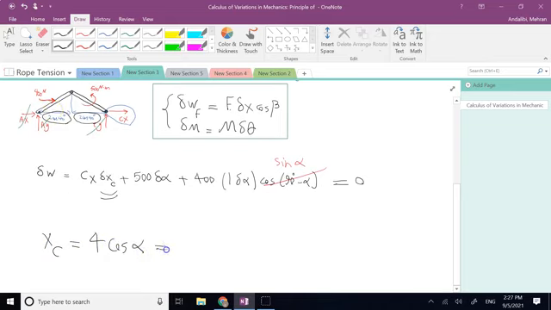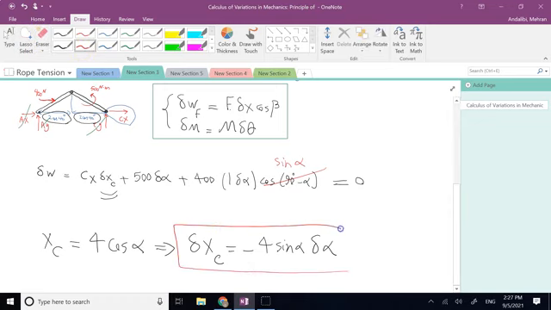And the variation of x of C is very similar to a differential: dx of C is negative 4 sine alpha d alpha. Here it's negative 4 sine alpha, but with variation del alpha. So this is what I need to plug into that top equation.